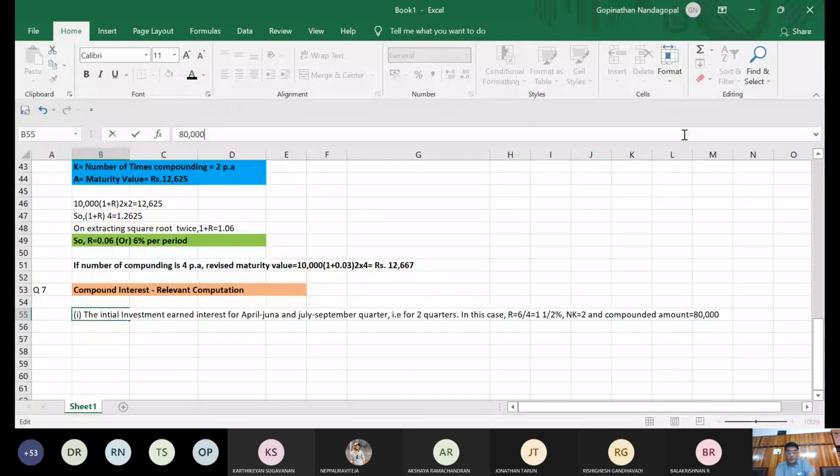Apply the formula: 1 plus 1 by 2 percent to the power of 2. How much do you get for this? I'll just take this and put it here.